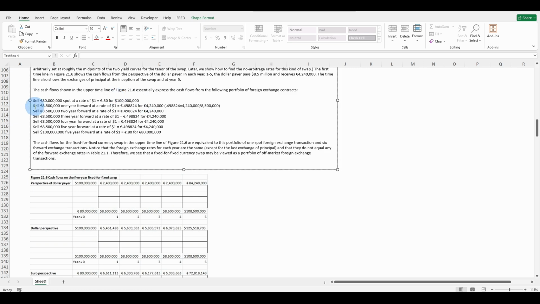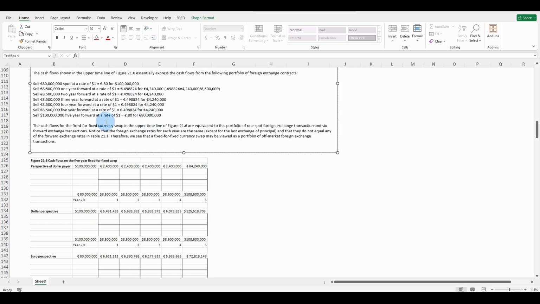Then we're going to sell 8.5 million dollars 1 year forward at a rate of 1 equal to 0.49824 euro for 4.24 million euro. Got that? Then we're going to sell 8.5 for 2 years at 0.4984. So we have our cash flows, and then at the end, we're going to get our 80 million back. 0.4984 is equal to 4240 divided by 8500.